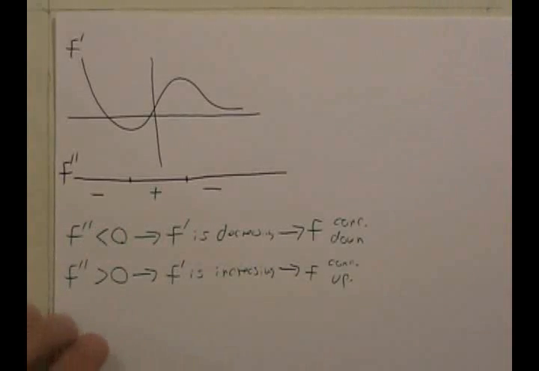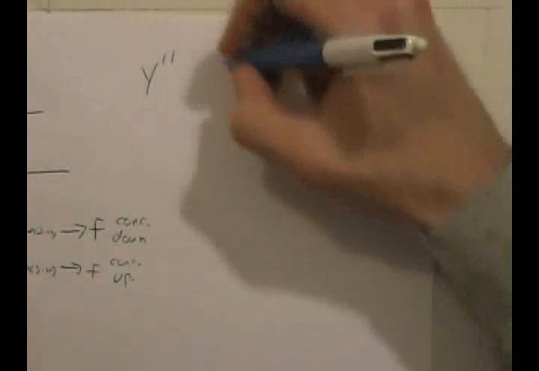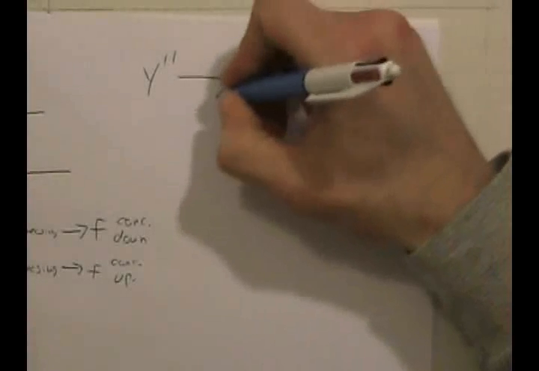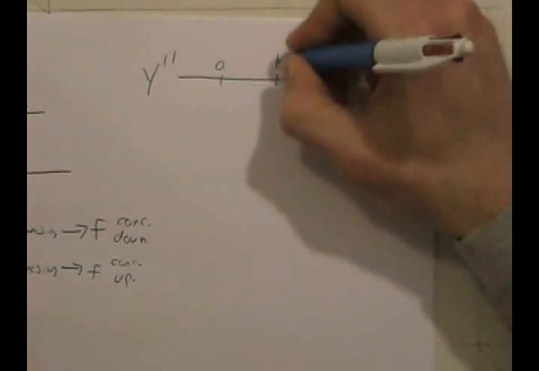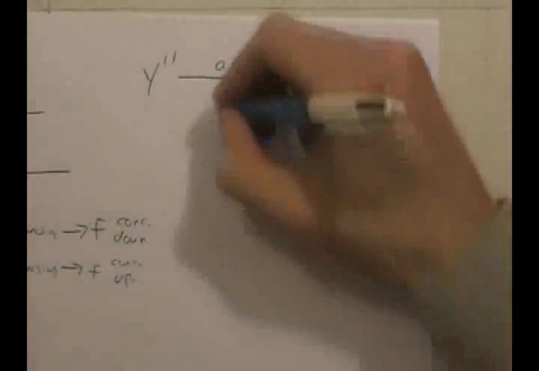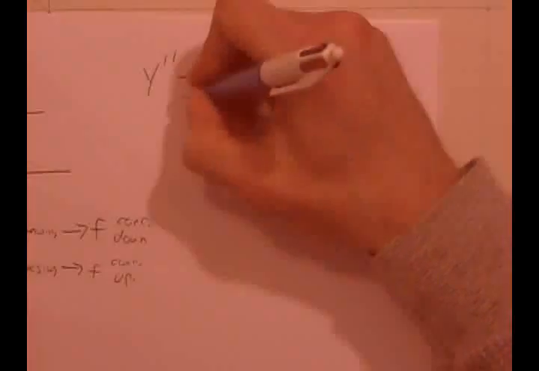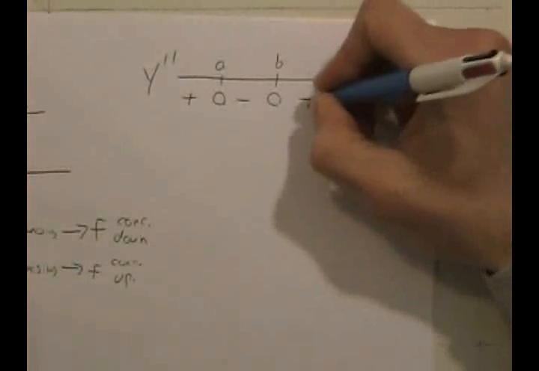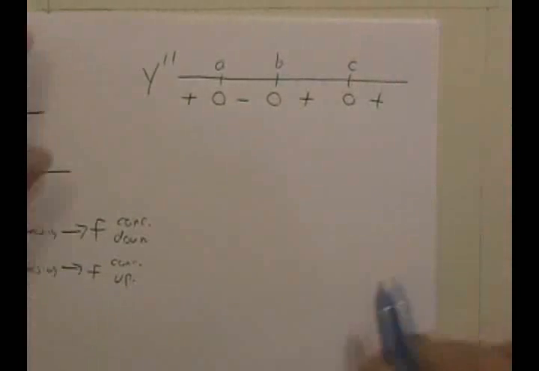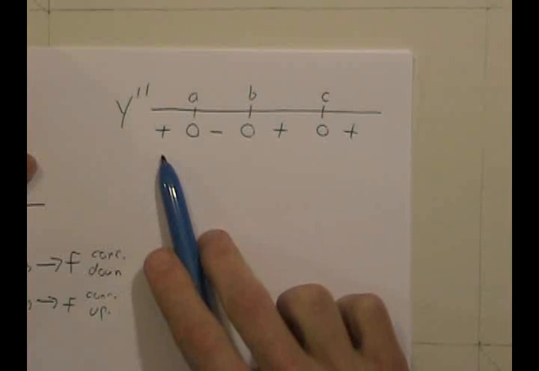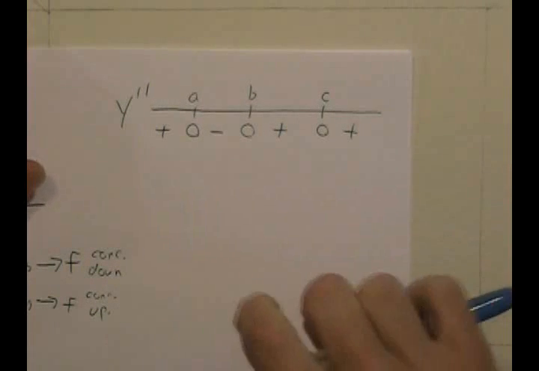So if you arrive at a sign chart for some function y prime prime, and you come up with something like this, say at a, b, and c, these are values of x, and suppose it's 0 there, 0 there, 0 there, and we get positive, negative, positive, positive, you can infer where y is concave up and where y is concave down.